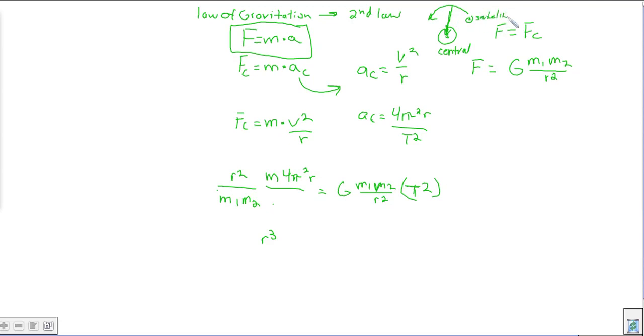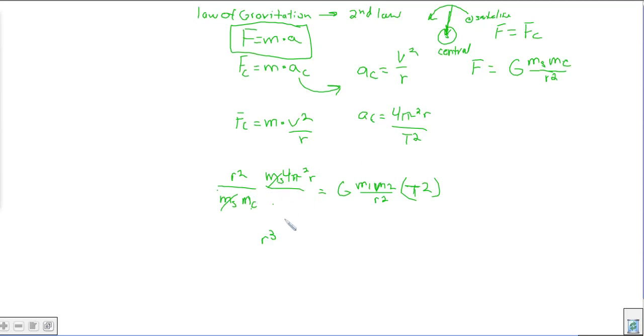Satellites can be a lot of things. So why don't we just change this to S, and change that to C. So we have S, and we have central body C. That helps to clarify what we're working with right here.